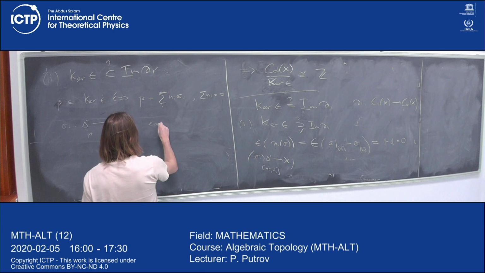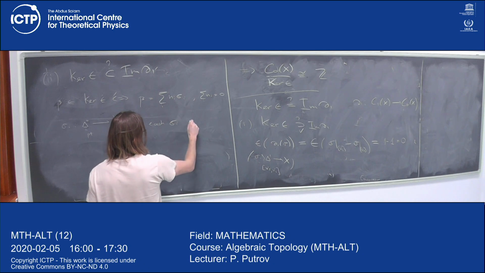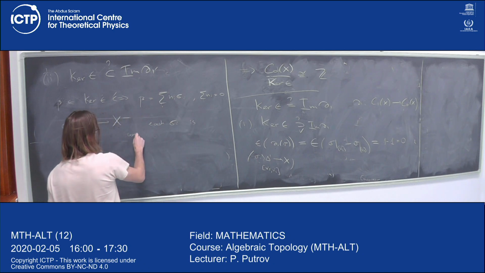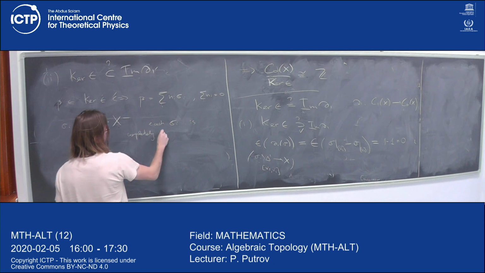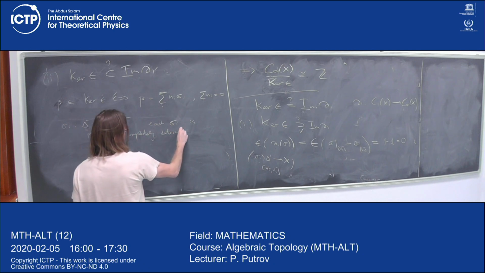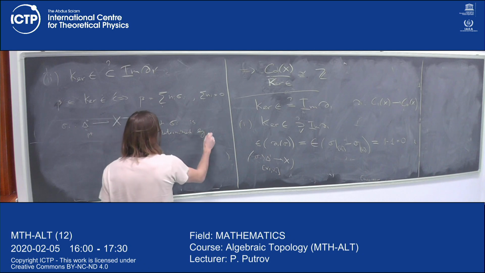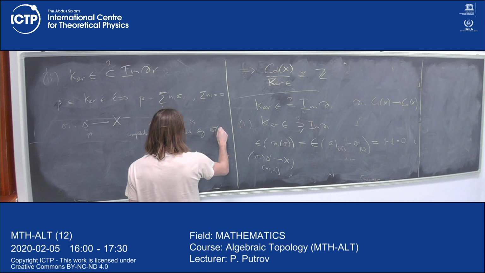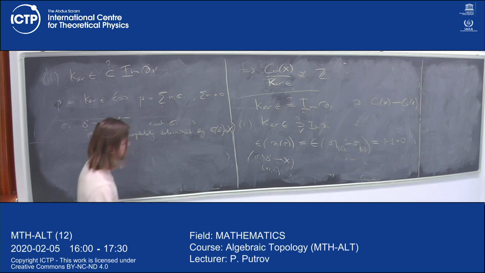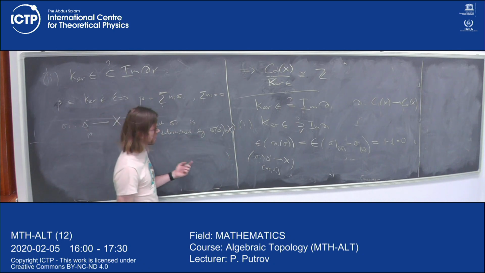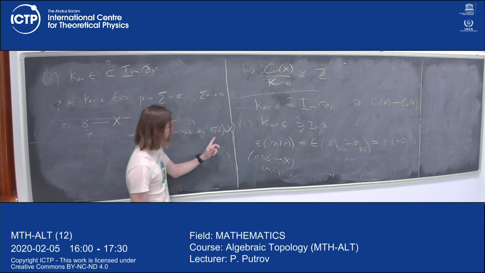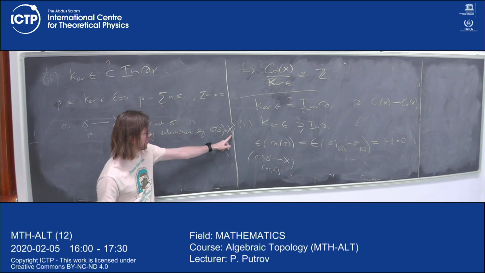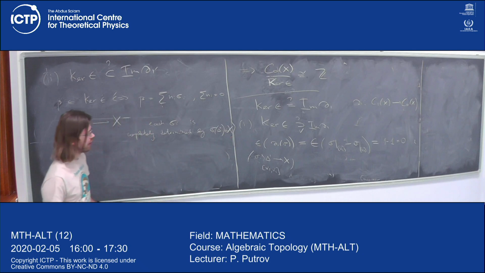So each sigma i is completely determined by the image, which I can understand as a point. Well, to be precise, it's a subset, a single point, but using the notation I consider it just a point, an element of x.